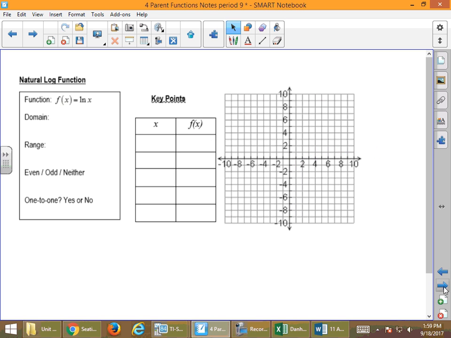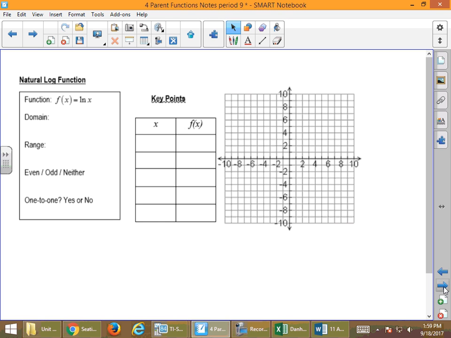So the last one was called a logarithmic function. This next one is called a natural log function. It comes from the French, and if you've ever taken French before, you know that compared to English, sometimes they reverse the order of their words.